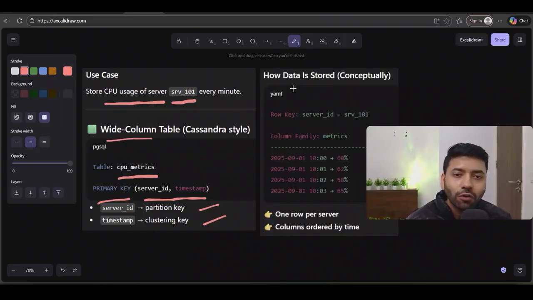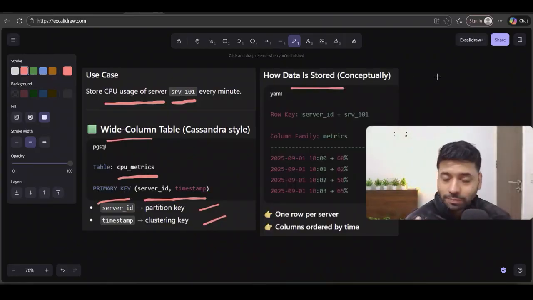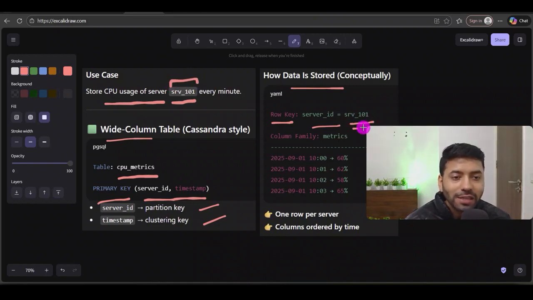So overall the data would be stored something like this, because we talked about row key, column family, columns and values, so I'll show you in that way. The row key will be the server ID, because we were talking about SRV 101. When we talk about the column family, it would be metrics, and in that we will use the timestamp.